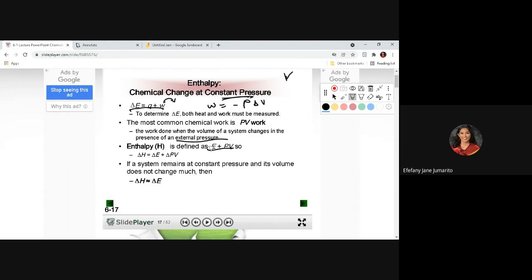Enthalpy is defined as E plus PV, so delta H is equal to delta E plus P delta V. Because delta E is equal to Q minus P delta V, if the system remains at constant pressure and its volume does not change much, then delta H, the enthalpy, is just equal to your energy.